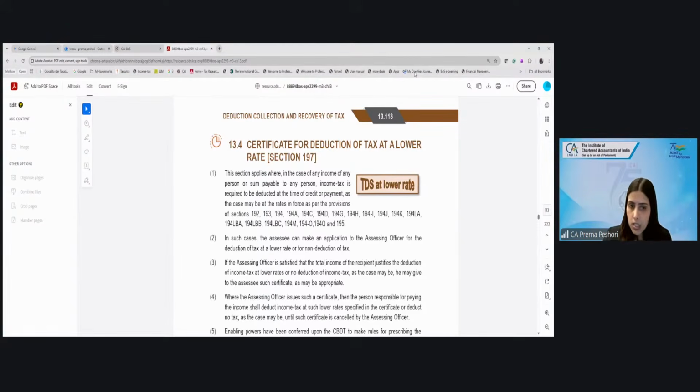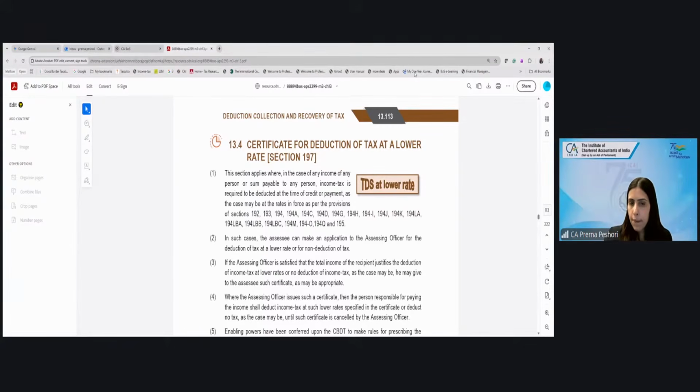Or if you are a senior citizen and you think that you do not have too much income, and TDS is being deducted on the bank interest, on that FD interest, then in that particular case, you can apply through Form 15H for nil deduction.